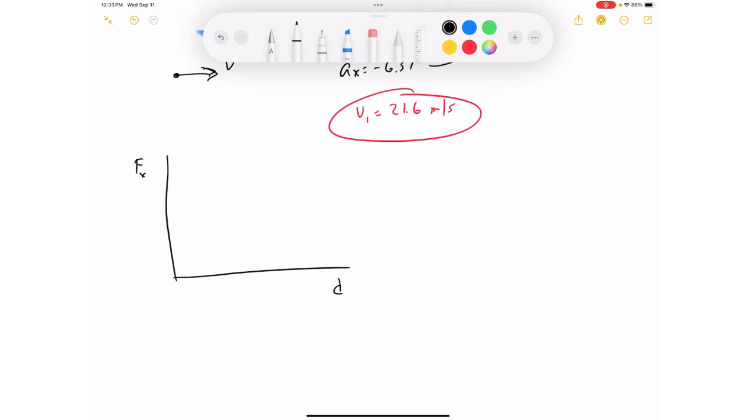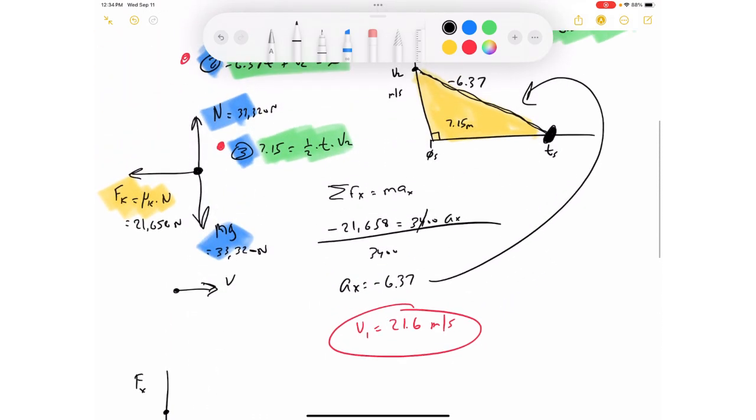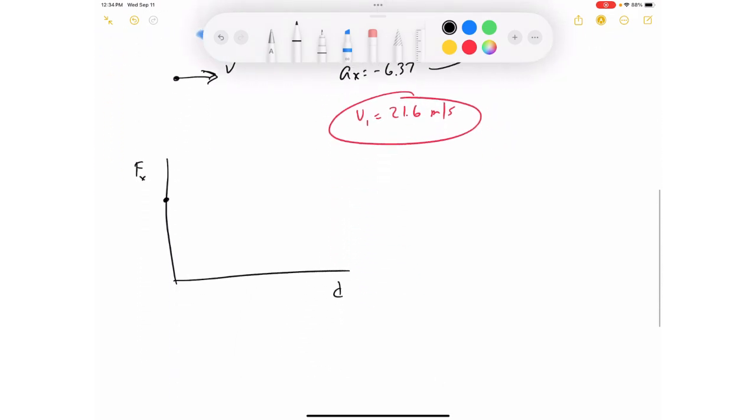You may remember from before it's 21,658 newtons of force, and it's applying that over the entire distance d, which happens to be 7.15 meters.